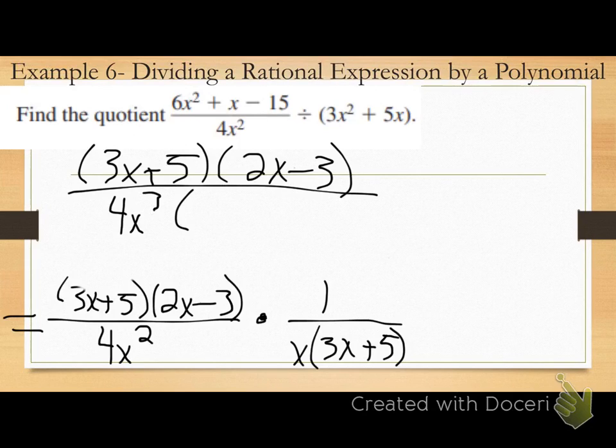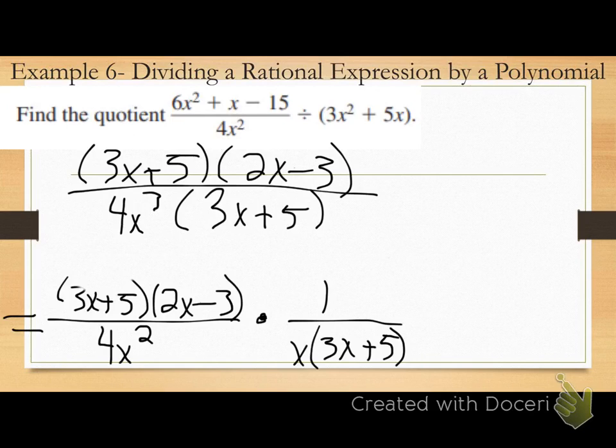Anything I multiply with the same base, I do what with the exponents? Add them. 2 plus 1 gives me 3, so 4x cubed times 3x plus 5. Any questions there? Okay.